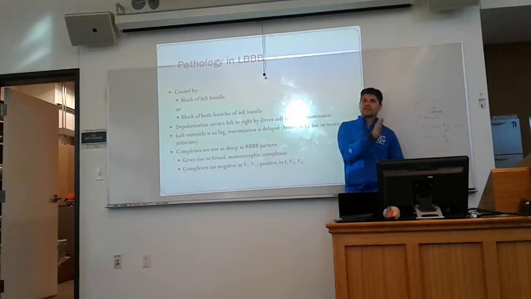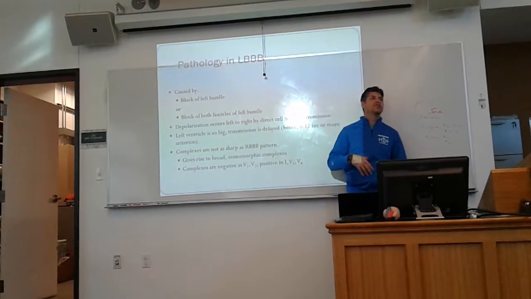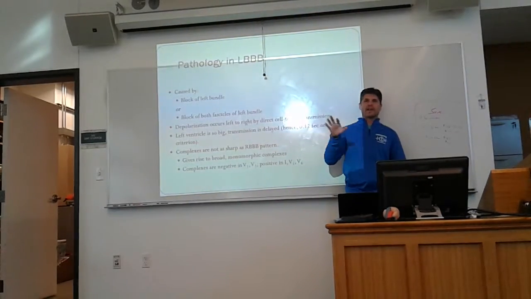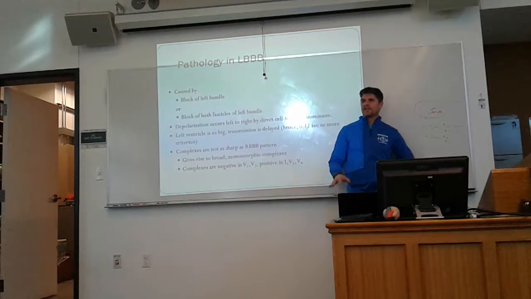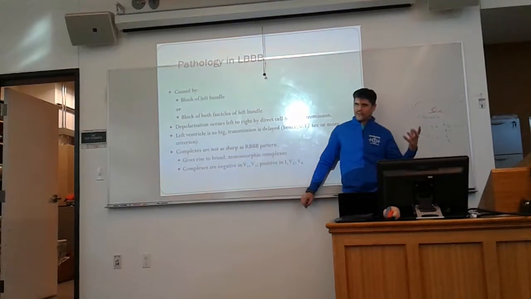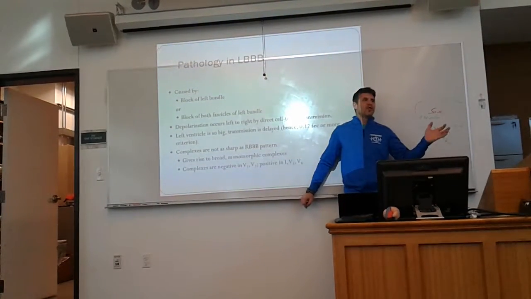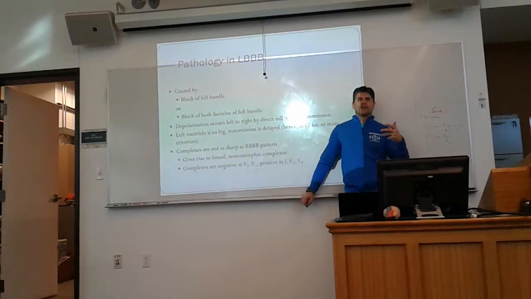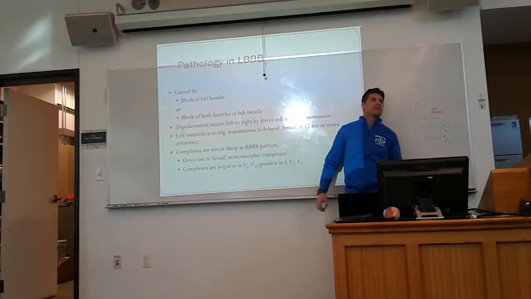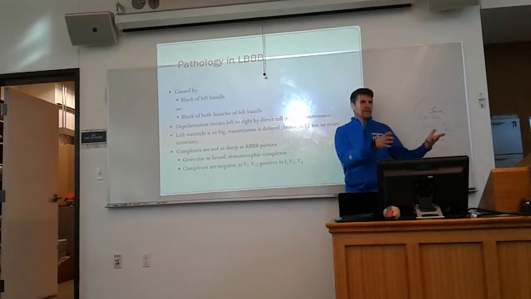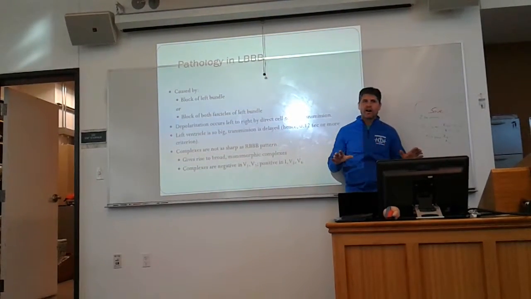So the cell-to-cell transmission through the left side is going to make it look much different and more bizarre than the right side. When you have a right-sided bundle branch block, the majority of the heart, which is the left side, was still being normal. So therefore, the QRS complex, for the most part, looked normal. But now we have the majority of the heart, the left side, that's going to look bizarre.